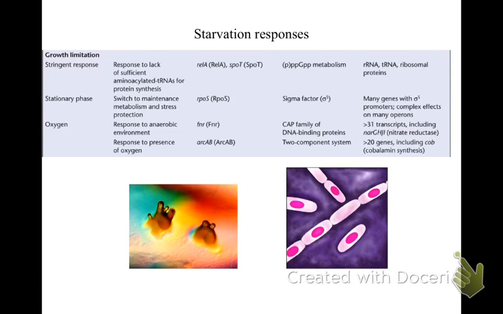Global regulation processes also help to determine starvation responses in cells. We've already seen earlier a little bit about what happens in stationary phase because we have regulation by RpoS, the sigma factor. And I'm going to spend a few minutes now talking about the stringent response.